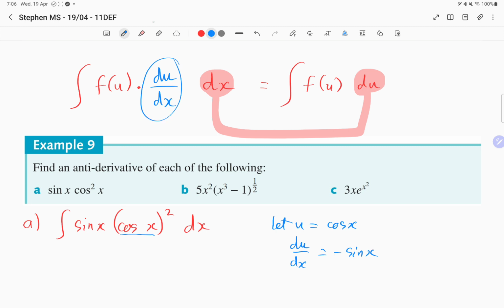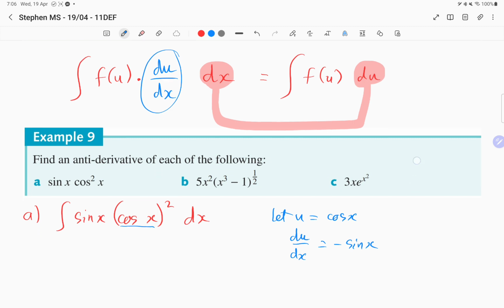To remember the formula, just remember you want du over dx, so that the dx here will cancel with the dx there, sort of. So it sort of cancels, and you're left with just the du. So that's what you want. You want a du over dx in the expression, so that the u expression will just become antiderive with respect to u. So this is called a variable changing rule or something like that.